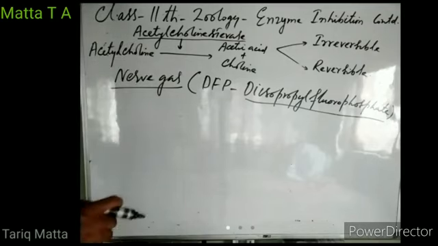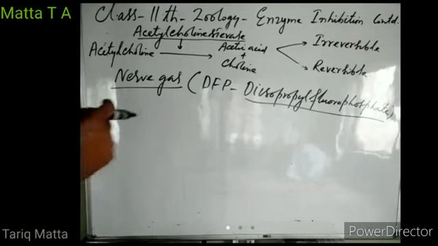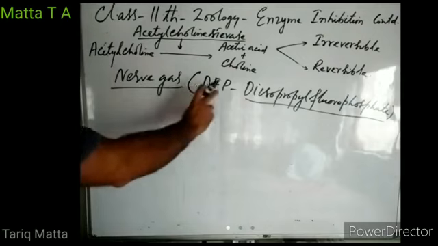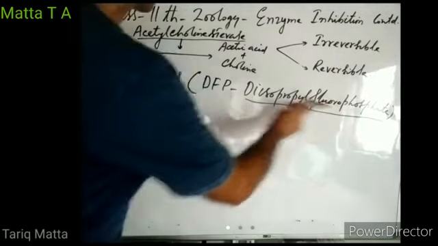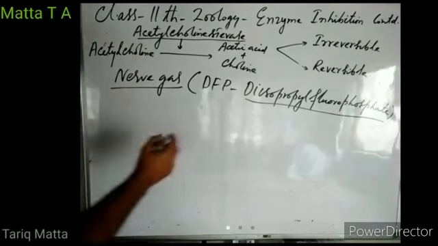Why do they die like this? Why do they die with outstretched limbs and wide open mouth? So let us discuss that. This gas, DFP, diisopropyl fluorophosphate, binds to acetylcholine esterase irreversibly.